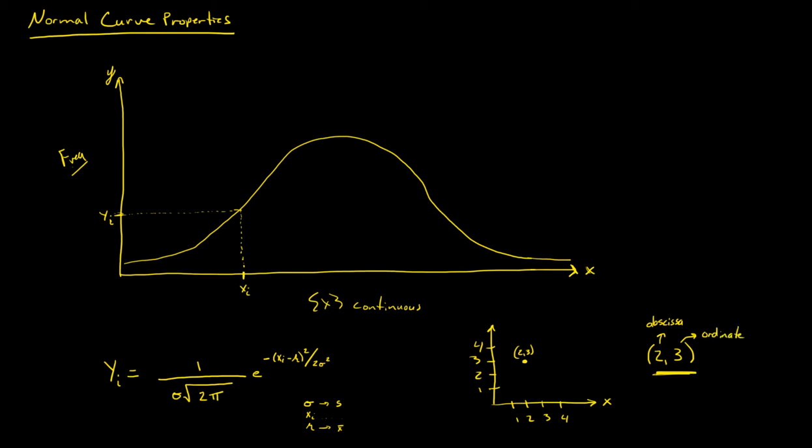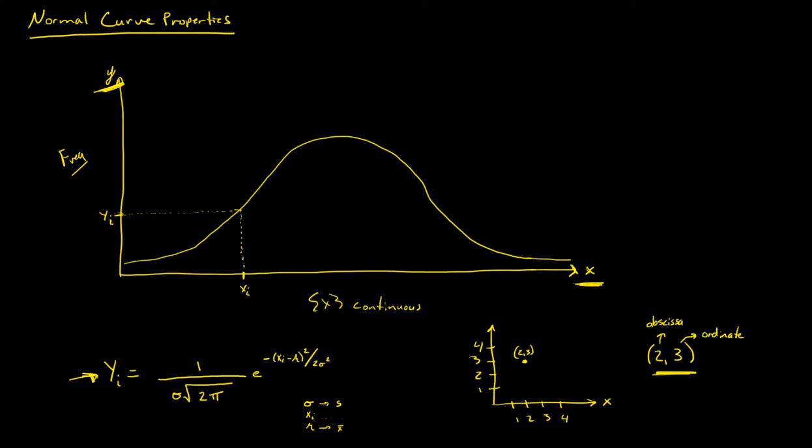So the point here is that for any abscissa number, or x value on this horizontal x-axis, you'll be able to come over here and find the corresponding ordinate using this equation right here. This y is the ordinate, so you're going to plug in the x, the abscissa number, and it'll give you the y, or the ordinate number.